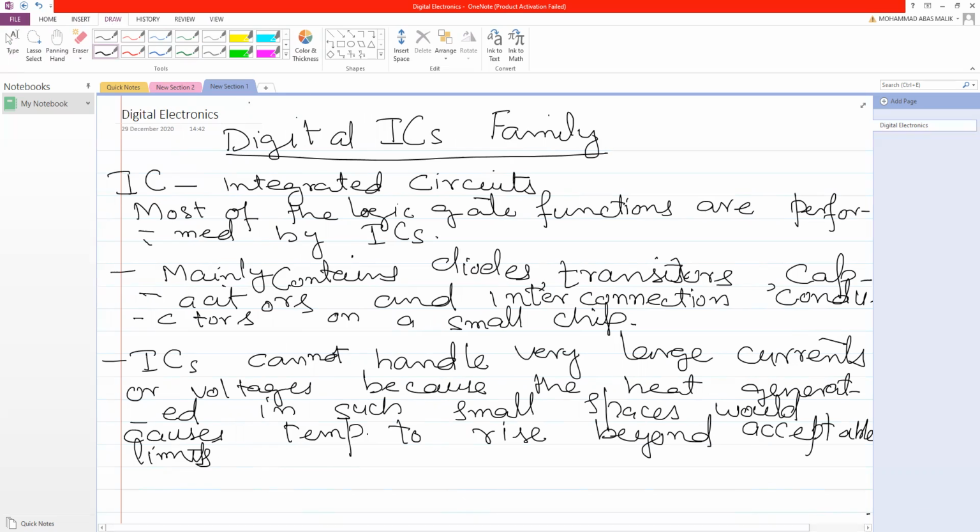Now, we'll define the logic family. Logic family definition.